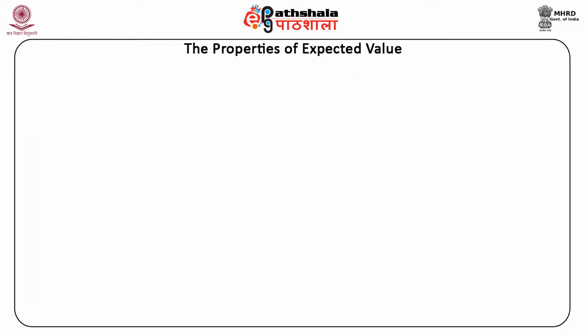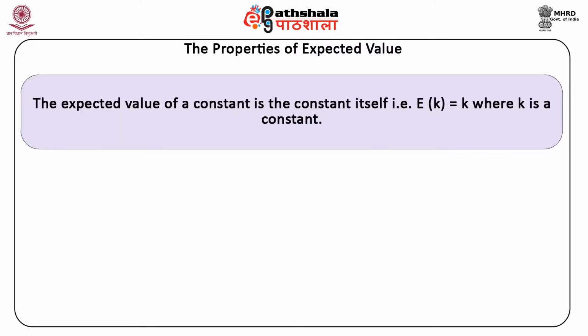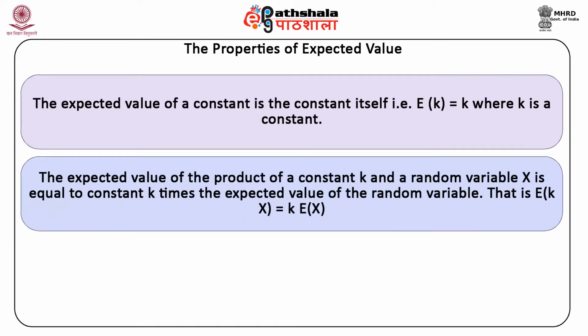The properties of expected value. The expected value of a constant is the constant itself. That is, expected value of k is equal to k, where k is a constant. The second property is the expected value of the product of a constant k and a random variable X is equal to constant k times the expected value of the random variable.